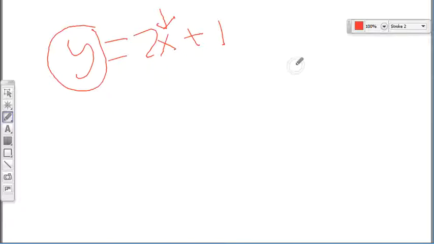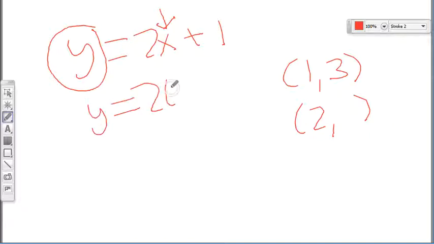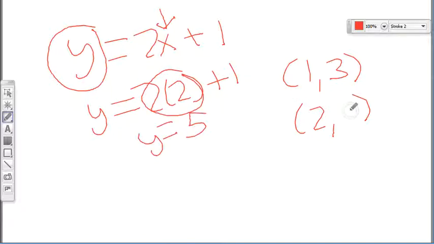Okay, if we let the x be 1, the y is going to be 3. If we let the x be 2, so if I take this equation and instead of the x, I plug in 2, the y is going to be 2 times 2 is 4. 4 plus 1 is 5. So when I let the x be 2, the y is 5.